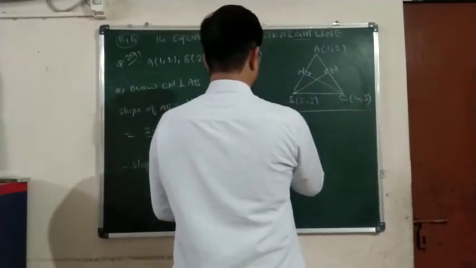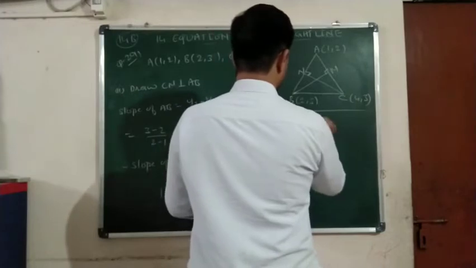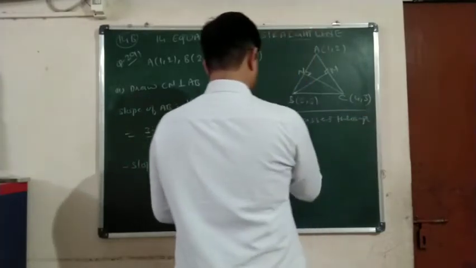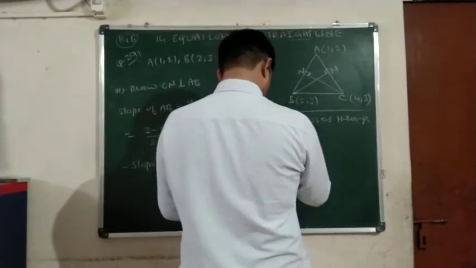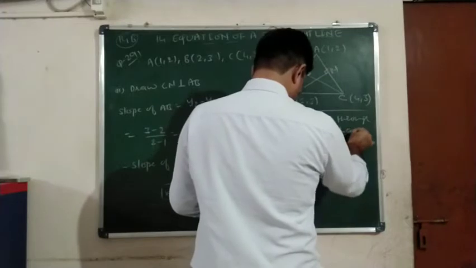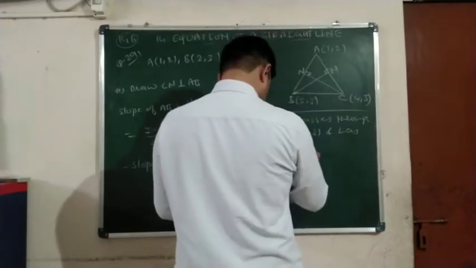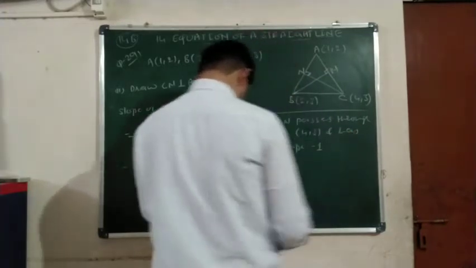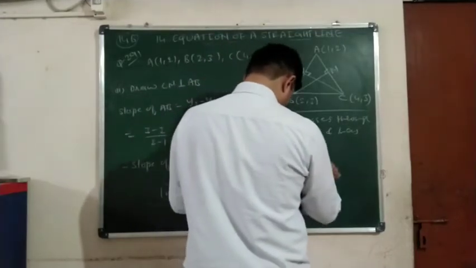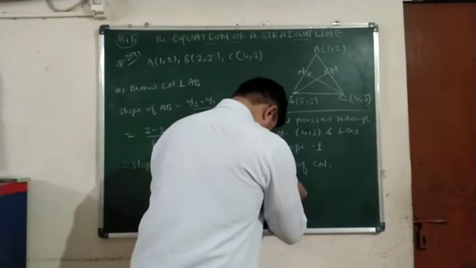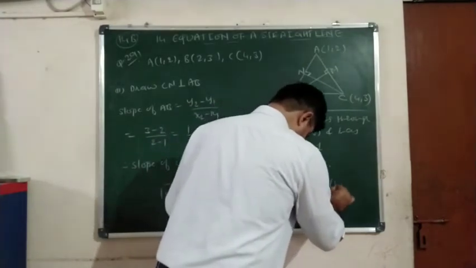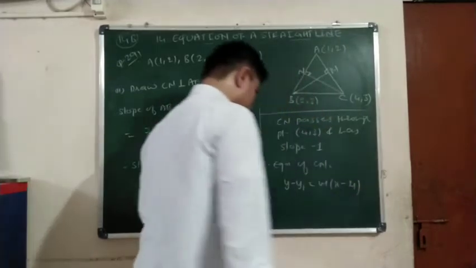Therefore now we'll write down that line CN passes through point 4, 3 and has slope -1, and therefore equation of CN will be given by the formula y minus y1 is equal to m into x minus x1.